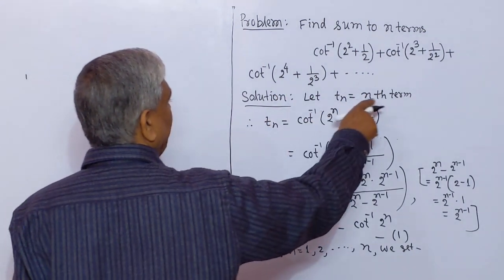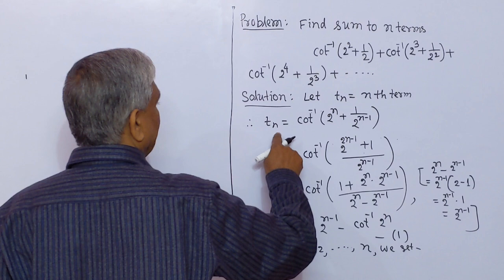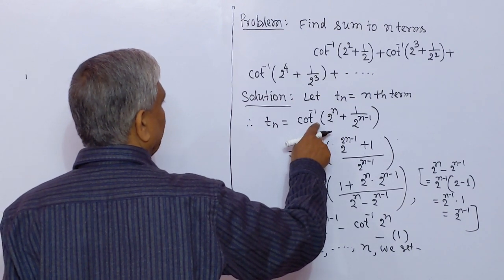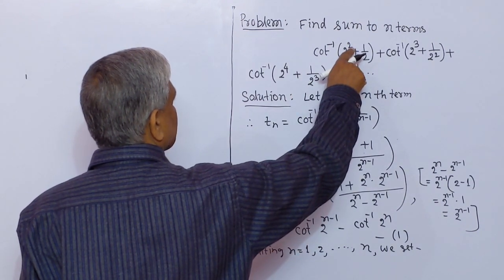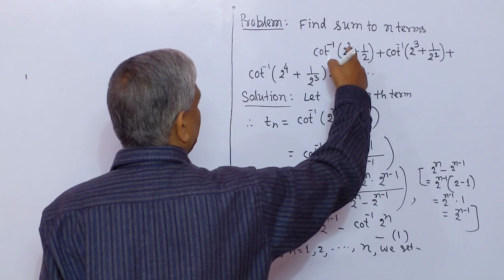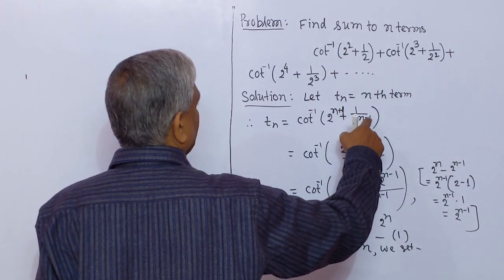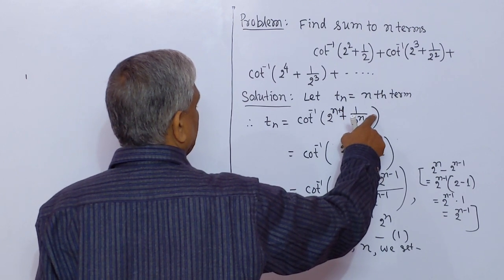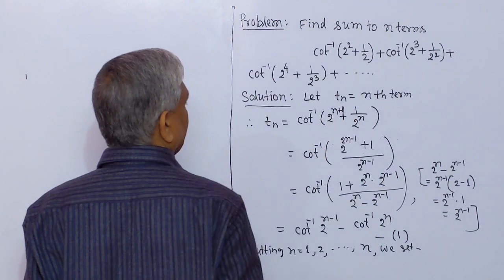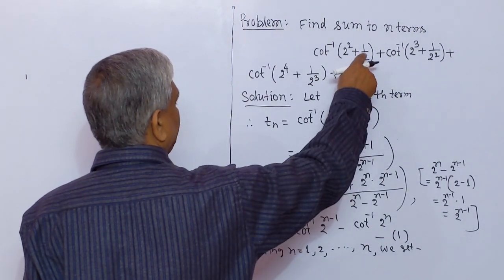Let Tn equal to nth term, then Tn equal to cot inverse, here in the first term 2 to the power 1 plus 1, here n plus 1, and then it will be 2 to the power n, means 2 to the power 1 half.